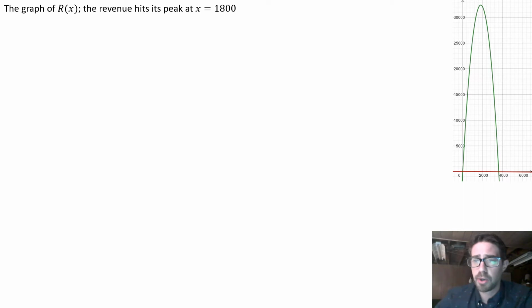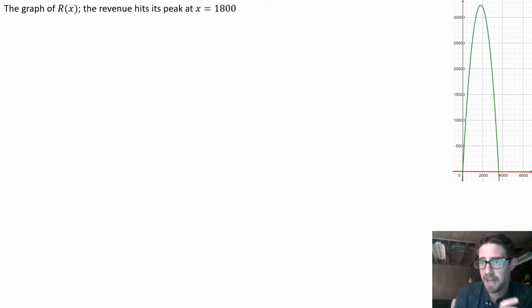Okay, and then the graph will confirm that, right? This is the graph of an upside down parabola. Note if x is 0, if you produce 0 units, you're going to have 0 revenue. At some point over there by 4,000, notice that the revenue dips back to being negative. So just assume that the function would cut off there. If we produce that many units, we'd just stop making units at that point.